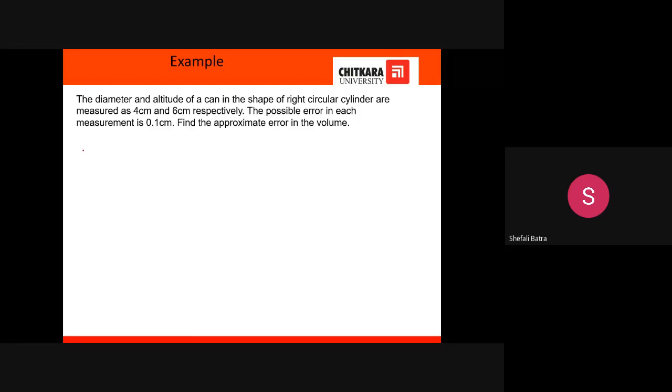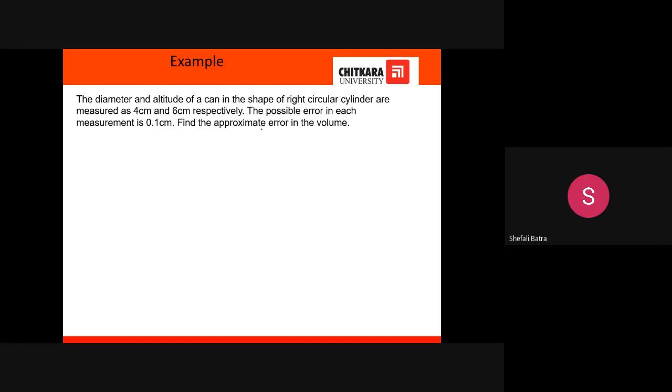So now this question is given to you. The diameter and the altitude of a can in the shape of right circular cylinder are measured as 4 centimeter and 6 centimeter respectively. The possible error in each measurement is 0.01 centimeter.